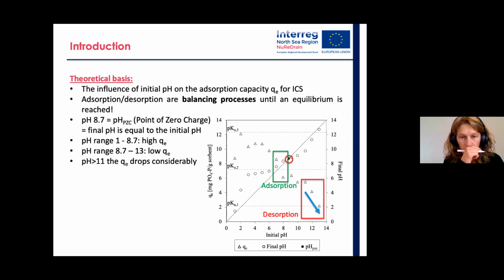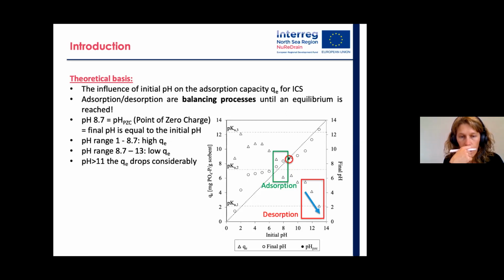So 6 to 8 milligrams of P per gram. That's a number that you can remember for the rest of the presentation. This is the window in which we operate for the adsorption.